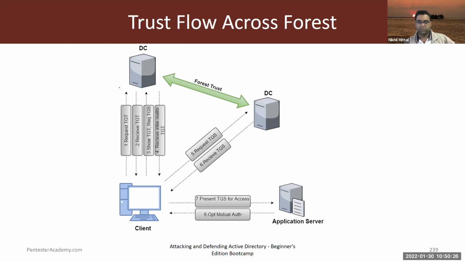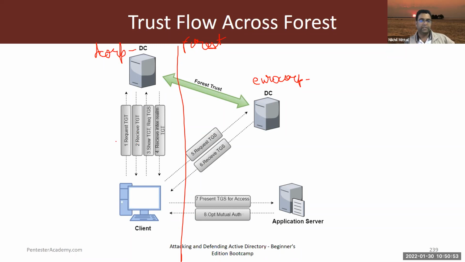So how does Kerberos work across forest? So if this is the forest cross boundary, let's say this is DCorp DC, and this is Eurocorp DC, or EU, is it EU here? Let me quickly check that. If this is EU or Eurocorp, it is Eurocorp DC.